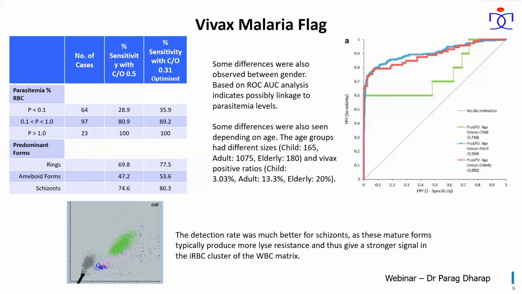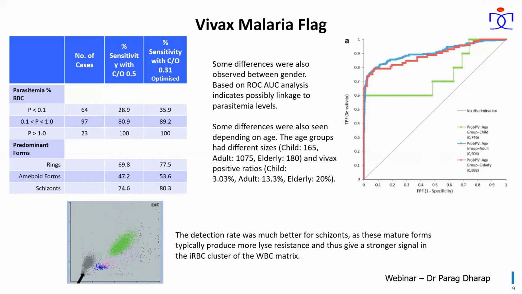This group was further classified as parasitemia less than 0.1% of RBCs, second group 0.1 to 1% of RBCs, and third group parasitemia more than 1% of RBCs.